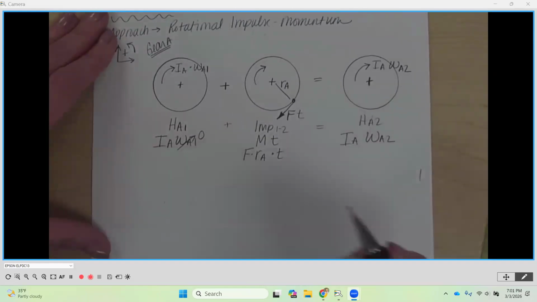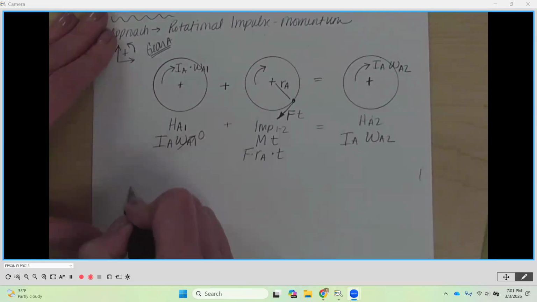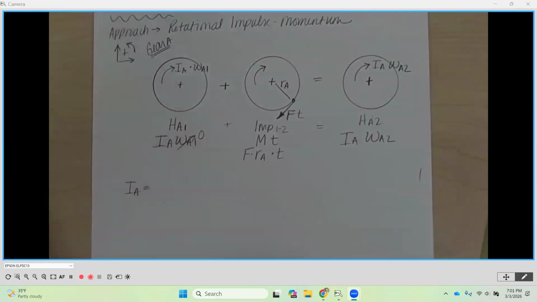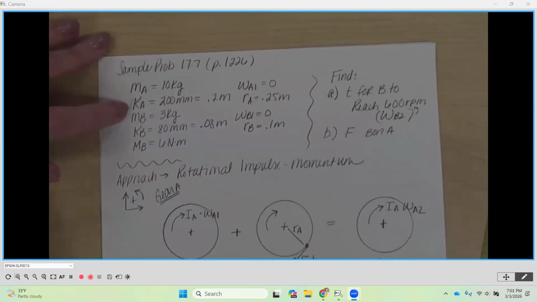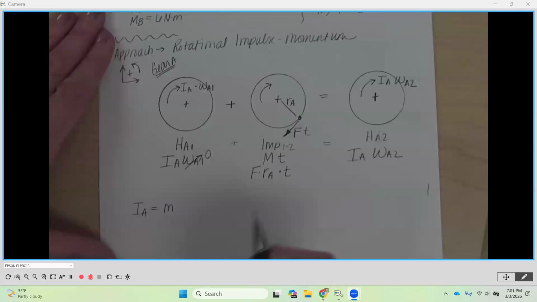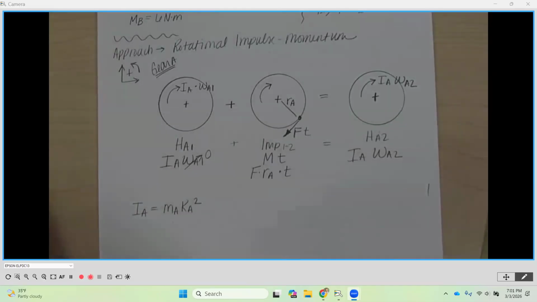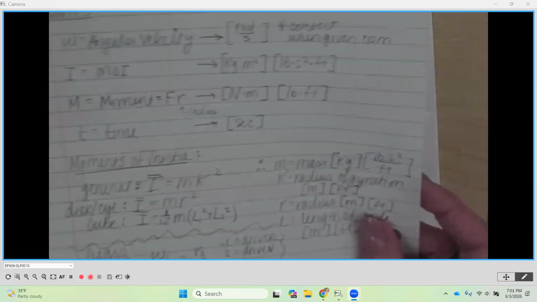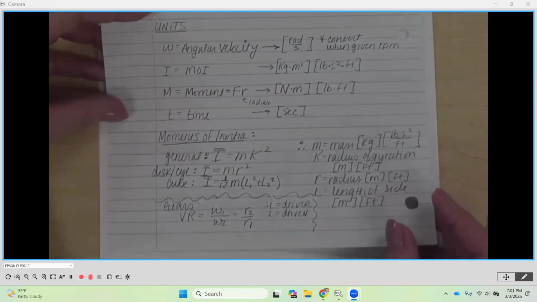The first thing that makes sense to solve for is our moment of inertia at A. They gave us the mass and the radius of gyration. So in its general sense, it's mass A times radius of gyration A squared. If you want to go back, we did add this to our equation sheet for chapter 17.